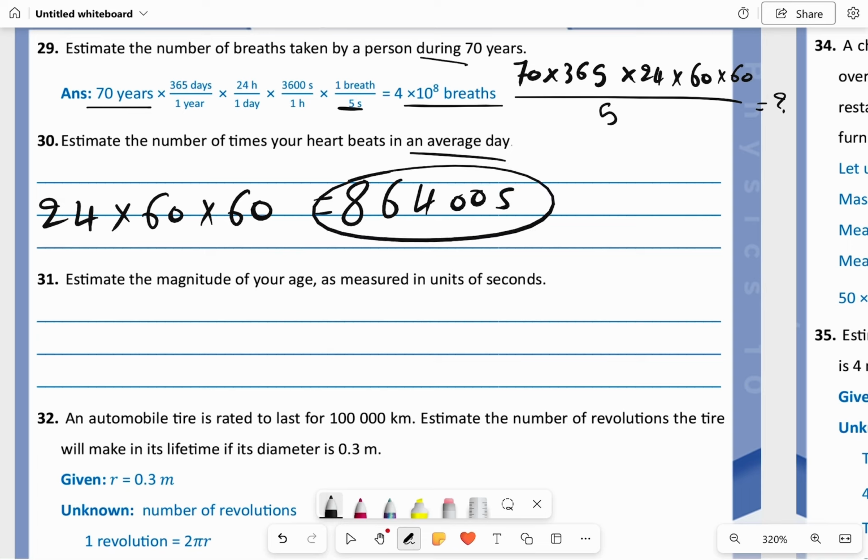You only change the time, and your heart beats only once, so divide all of this by 1 and you still have 86,400 seconds. Actually it's more than that, but we just assume that your heart beats once in each second.